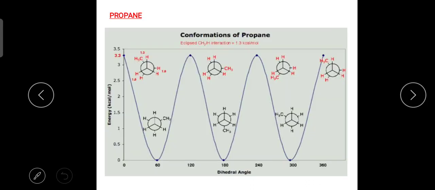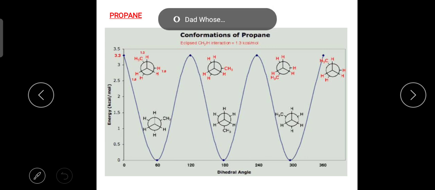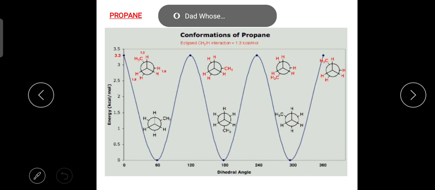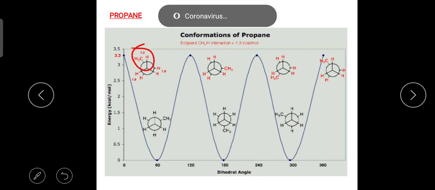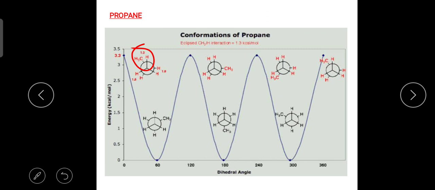Next one is propane. In propane, the graph is similar to that of ethane, and the rotation about the carbon-carbon single bond again gives staggered and eclipsed conformations. But due to one extra methyl group, the torsional strain is increased, because in ethane repulsion occurs between two hydrogen atoms, but in propane the repulsion occurs between hydrogen and the methyl group.